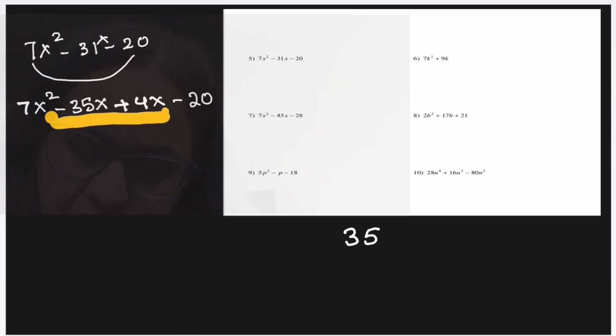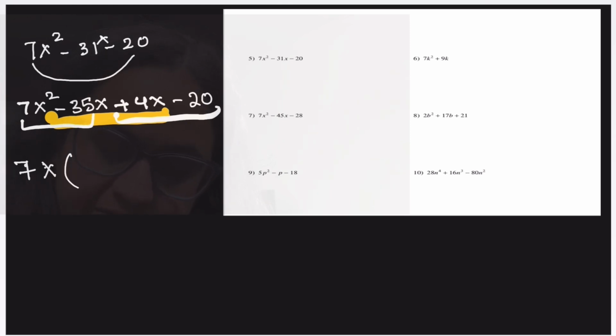So once I do that, now I have 4 terms. I should put the first 2 terms in one group and the last 2 terms in another group. So from my first 2 terms, the GCF of 7 and 35 is 7. And from my variables x squared and x, the GCF would be x. So I can write my 7x factored out.